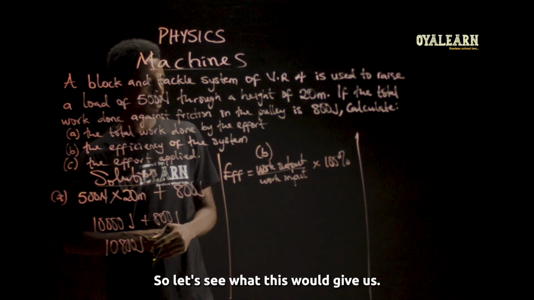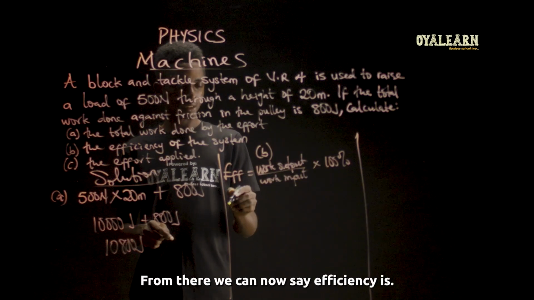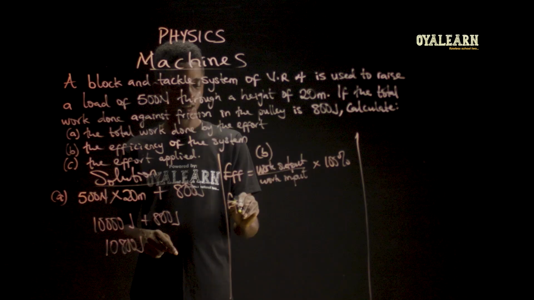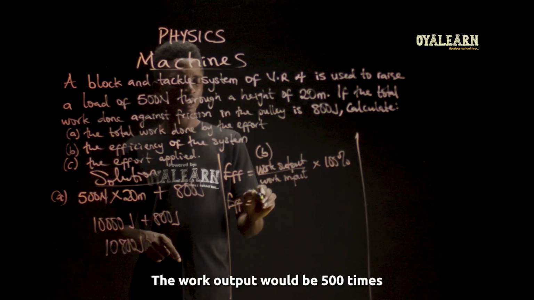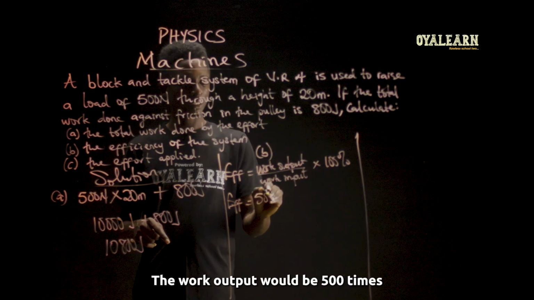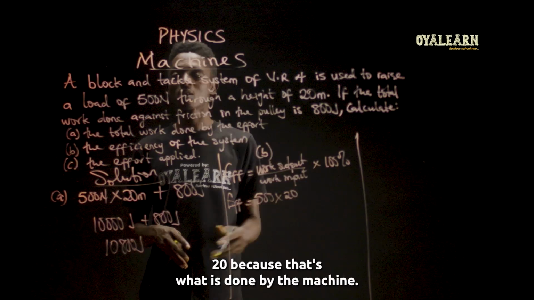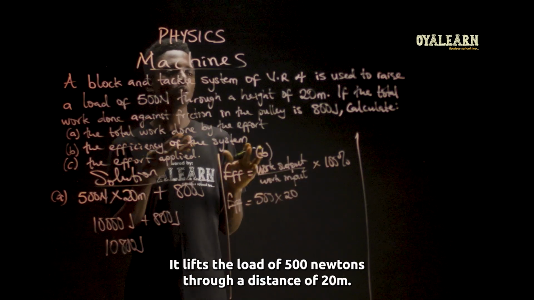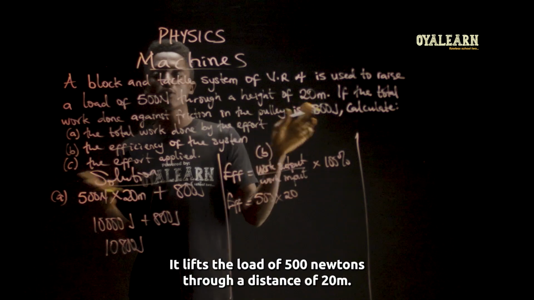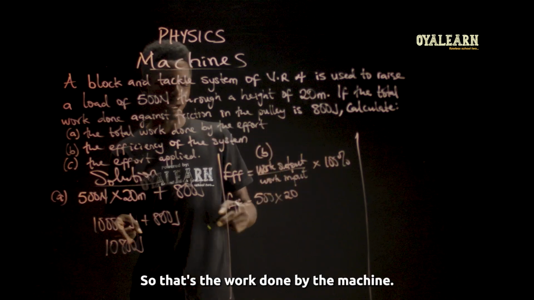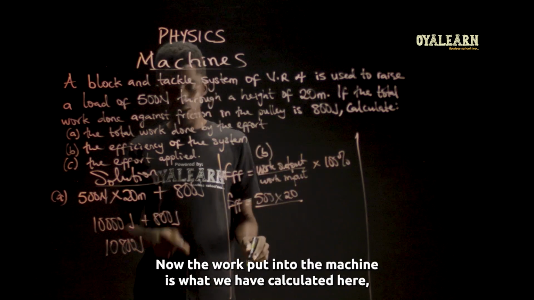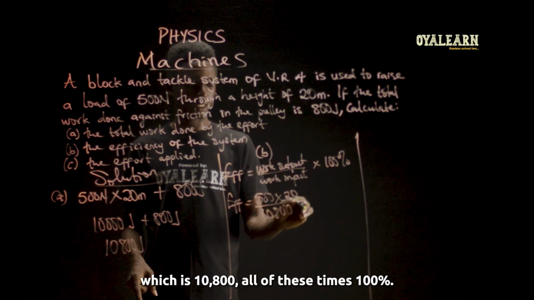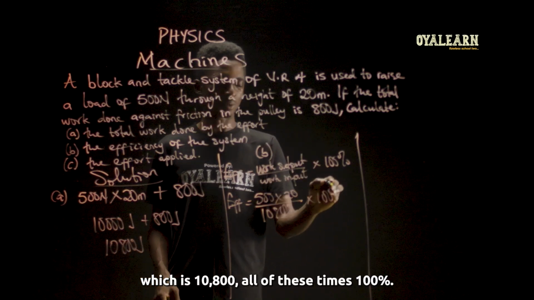So let's see what this would give us. From there we can now say efficiency is, the work output will be 500 times 20, because that's what is done by the machine. It lifts the load of 500 newtons through a distance of 20 meters. That's the work done by the machine. Now the work put into the machine is what we have calculated here, which is 10,800. All of this times 100%.